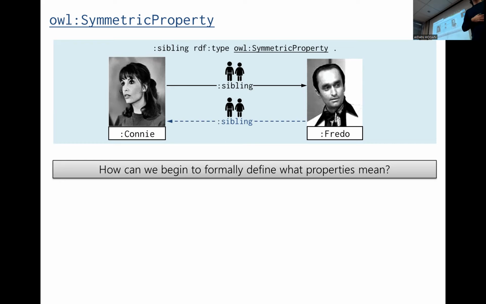We can again use sets. Yeah. But this time, if a class refers to a set of individuals, a property will map to a set of pairs of individuals. Yeah.